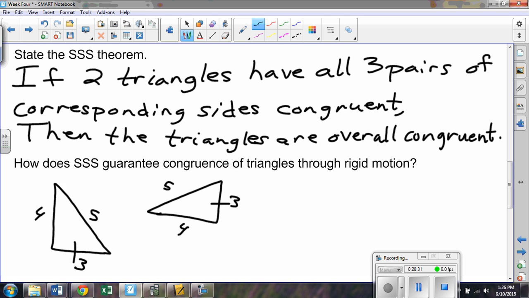They're the same length, which makes them congruent. 4 matches 4. Those are congruent. 5 matches 5. Because 5 matches 5, we have all 3 pairs, side, connected to side, connected to side. Those triangles would have to be the same, giving us all the pairs of angles for free. All the pieces in yellow we get for free, saying that they're overall the same. Free angles, free!